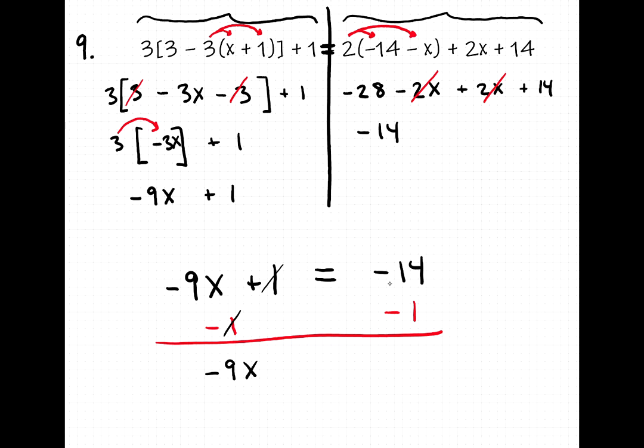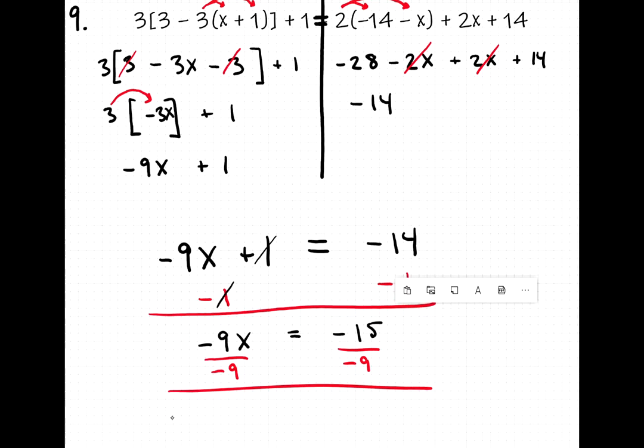And on the right, a -14 and a -1, that gives us a -15. And finally, the last thing to do, to get rid of the times -9, we will divide by -9. We'll divide both sides by -9. That should do it. The times -9, divide -9, they cancel, equal and opposite.